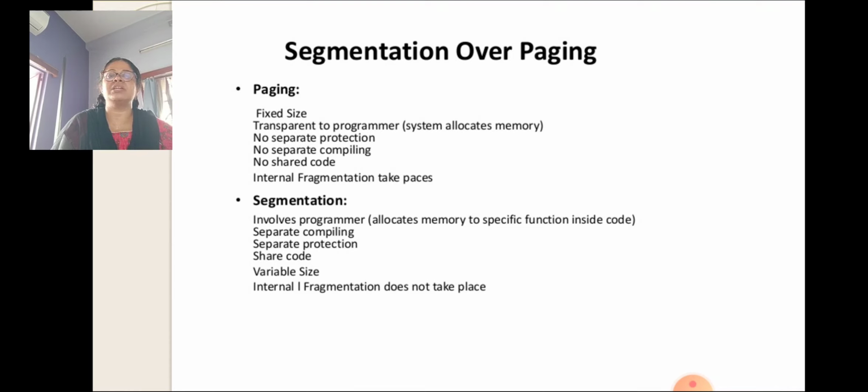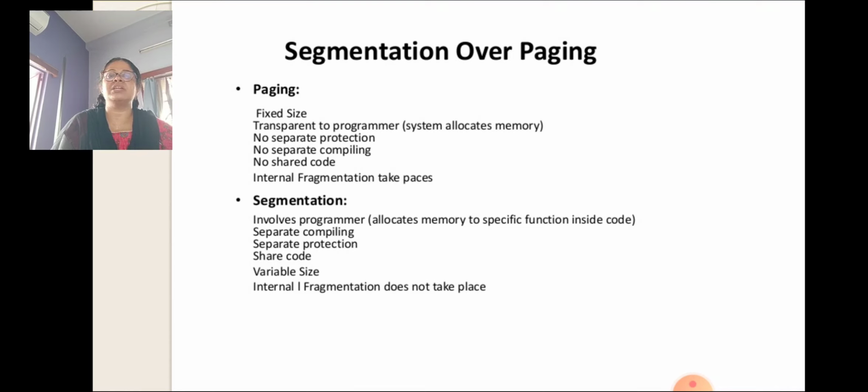Now, what are the advantages of segmentation? No internal fragmentation. The segment table consumes less space compared to the page table. Average segment sizes are larger than most page sizes, which allows a segment to store more process data.